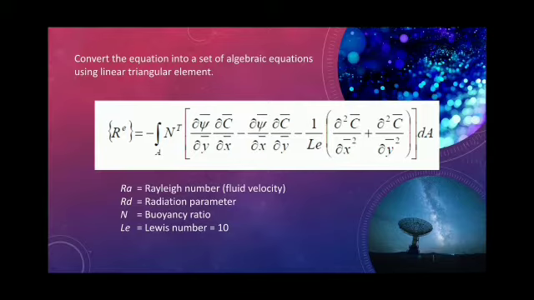RA is the Rayleigh number or the fluid velocity, RD is the radiation parameter, there is the buoyancy ratio, and LE is the Lewis number, which is equal to 10, which has been used in the equation.